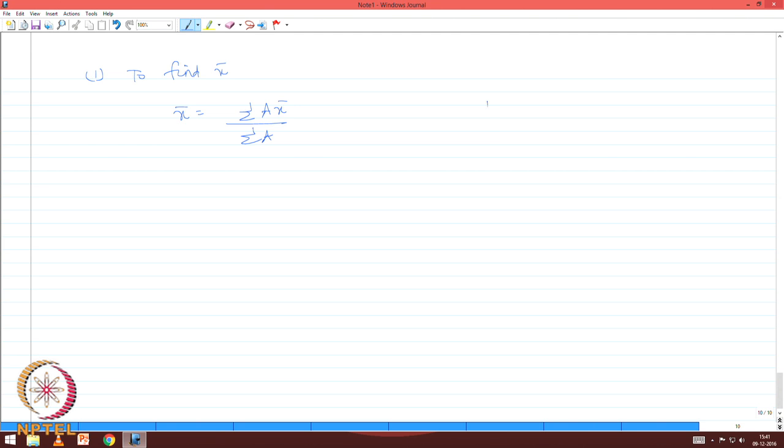So, this is my section, this is 90, this is 30, and this is what I call x bar. Let us say divide this into different pieces, say this is piece 1, piece 2 and piece 3.